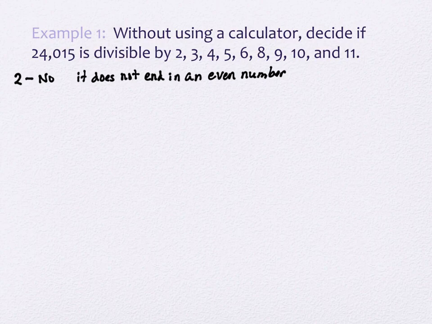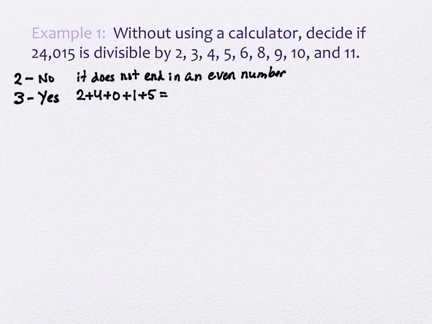How about 3? We're just going down the list. Is it divisible by 3? The answer is yes. How did you decide? The sum of the digits is divisible by 3. So 2 plus 4 plus 0 plus 1 plus 5 equals 12.